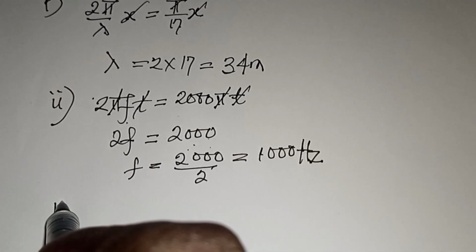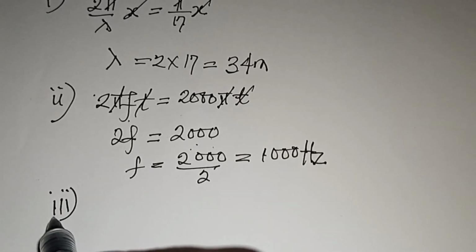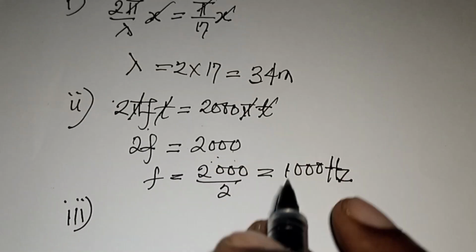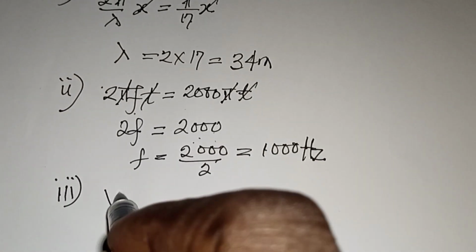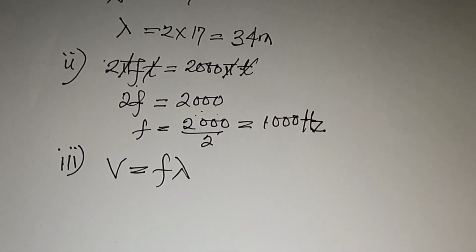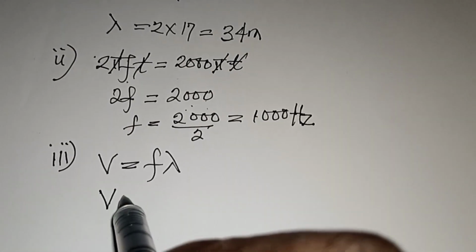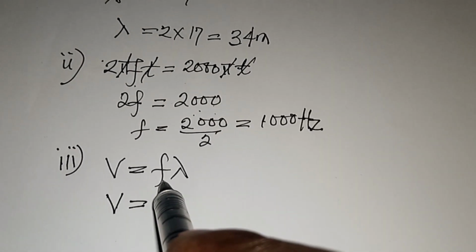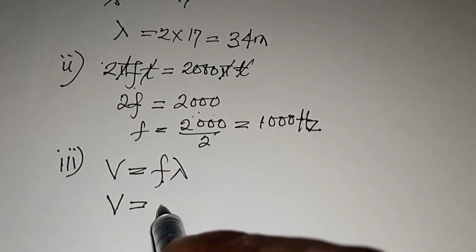The third part is for us to look for the speed, and that is a relationship between the speed, the frequency, and the wavelength. This is a formula that relates the three of them together. Because we're looking for speed, we use the symbol v for the speed, and we have already calculated the frequency, which is 1000.